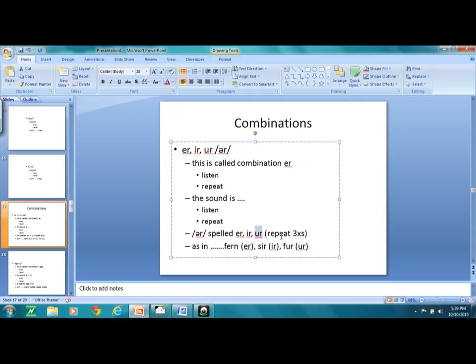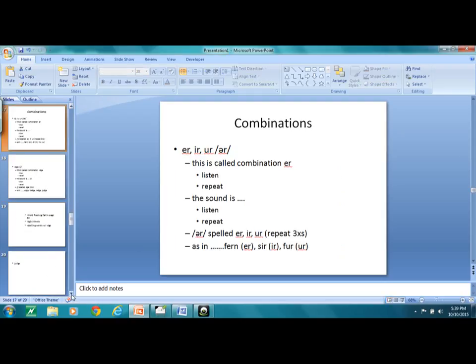UR, as in fur. So the sound, so say it with me, can be spelled ER, IR, or UR.